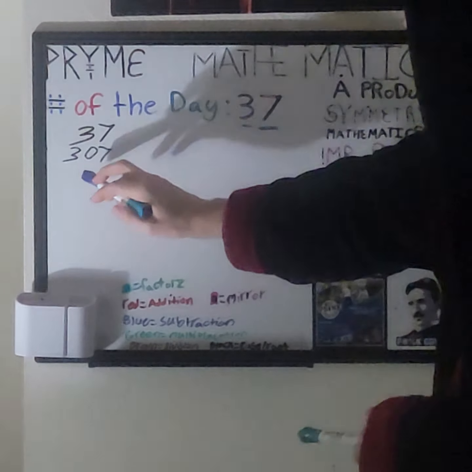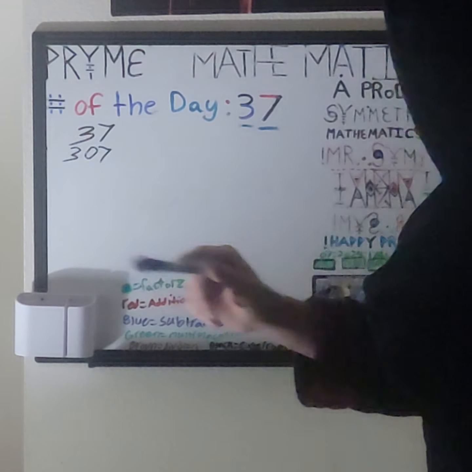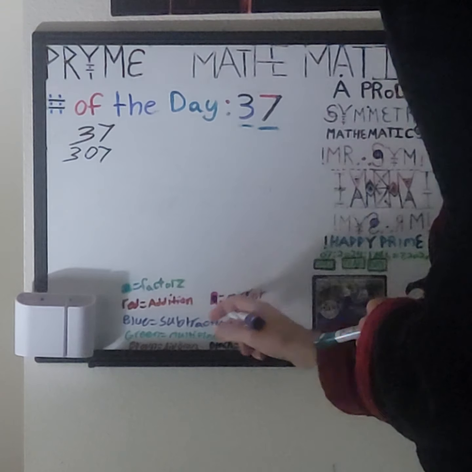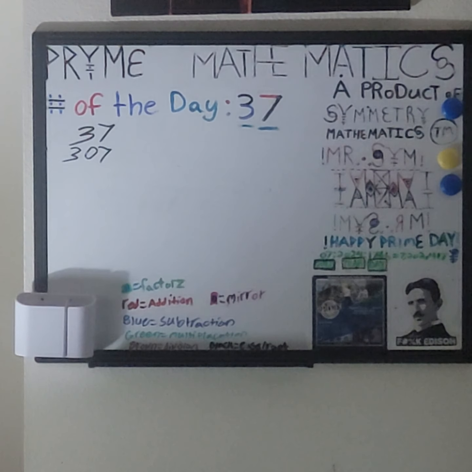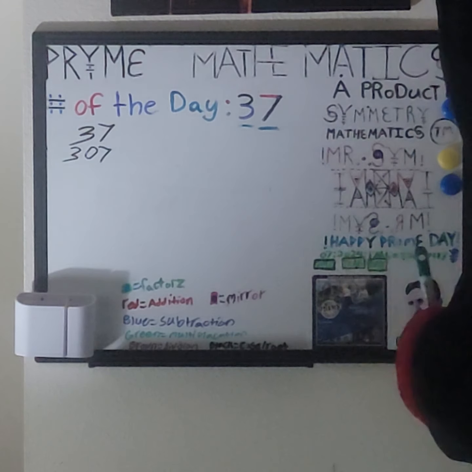So you'll see right here, the number of the day is 37. So there's the root right there, 37. And then this color right here is going to be near. That should about cover what we need today. So let's jump right into it.